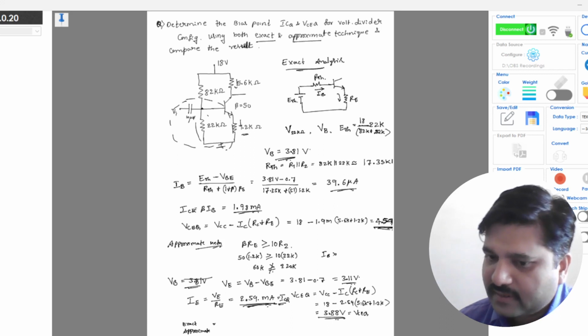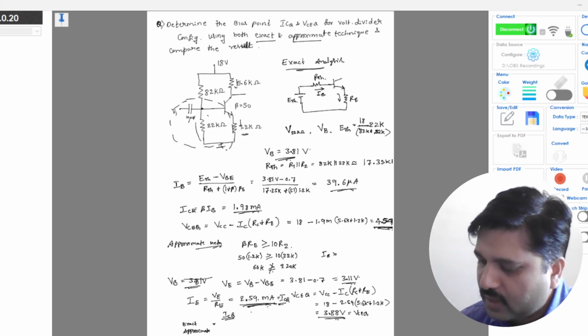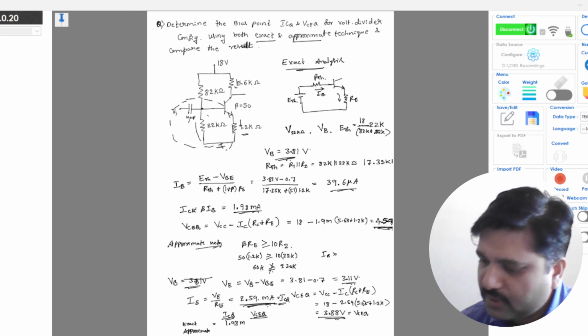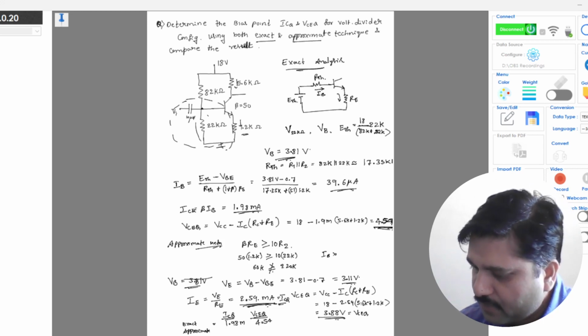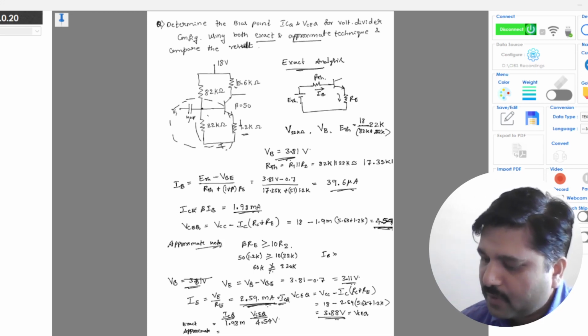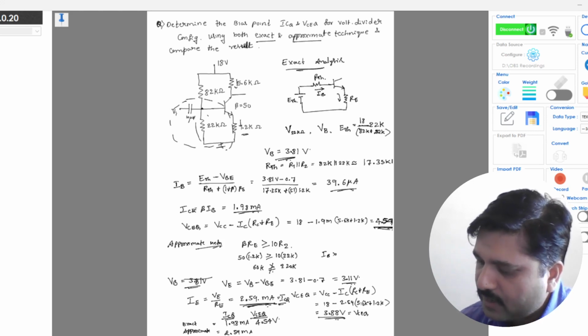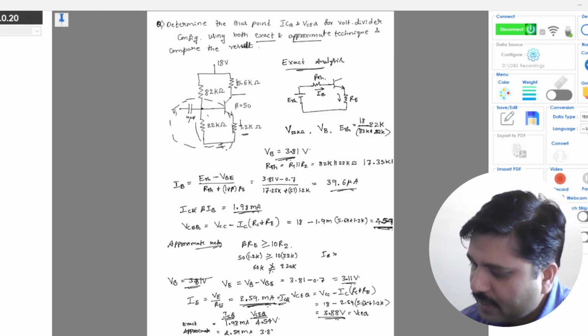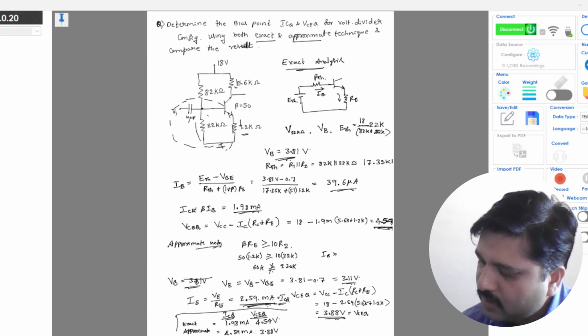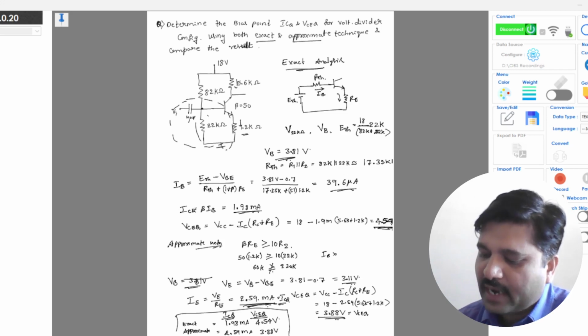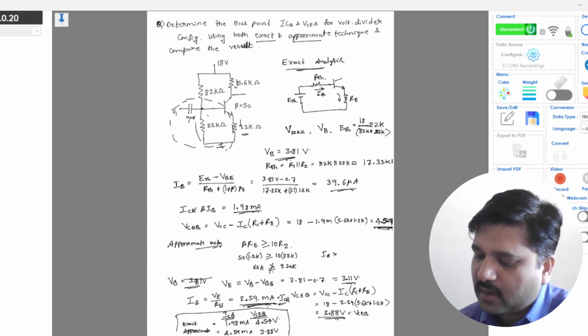In the exact analysis we get ICQ as 1.98 milliamps and VCEQ as 4.54 volts, whereas using the approximate method your IC is 2.59 milliamps and VCE is 3.88 volts, right? So this is the summary of the solution, where you calculate the bias point using both exact and approximate methods.